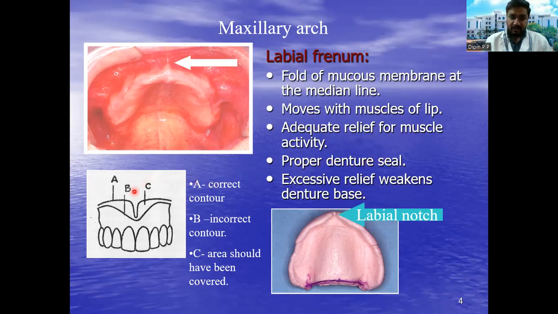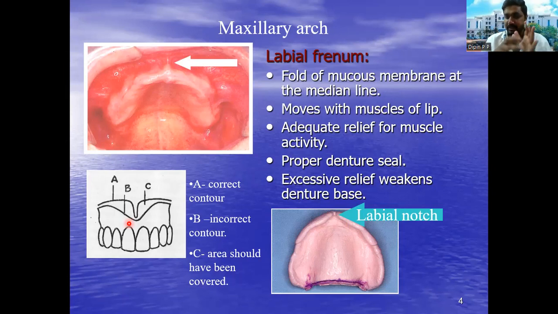In the picture below, we can see that there are two contours, A and B. The correct contour for the labial frenum relief is contour A. If you trim the labial frenum area in a B shape, giving an improper contour, it will result in seal breakage and loss of retention.